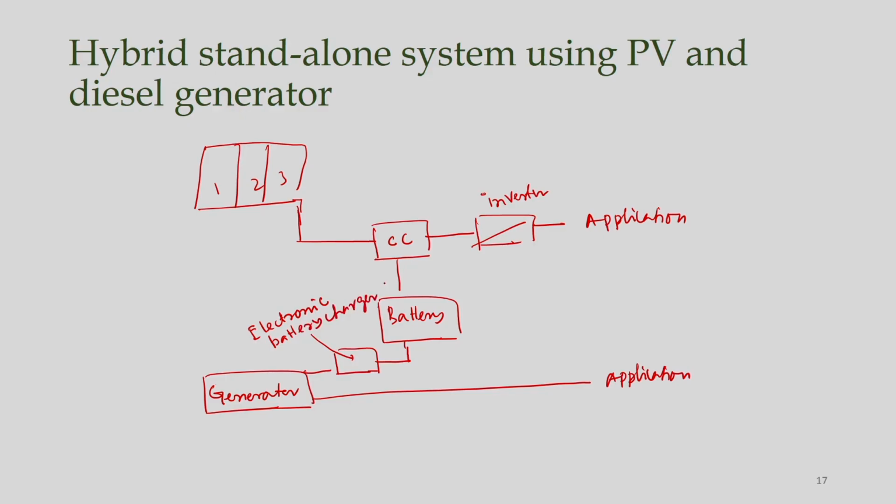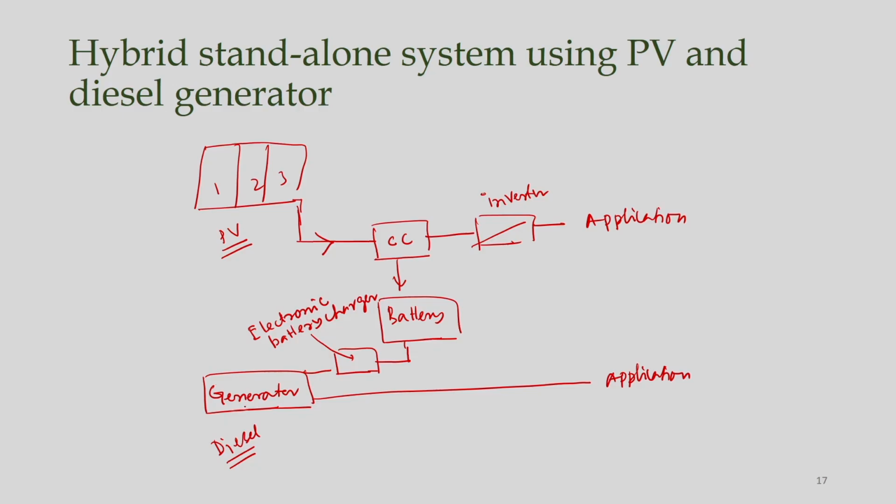Okay. So, what I have shown here is that we can use PV technology and a diesel generator. Here, we have already understood how this is applied, and how the source controllers are used to protect the battery life.